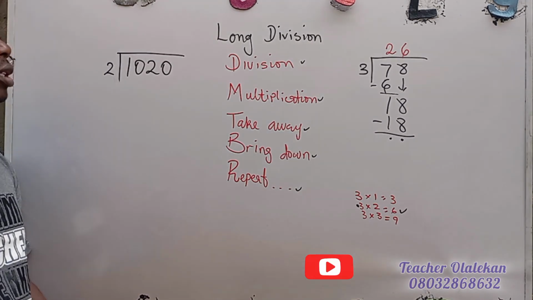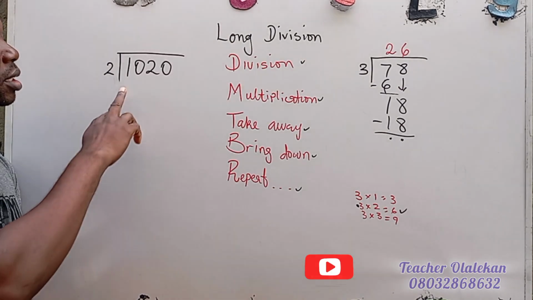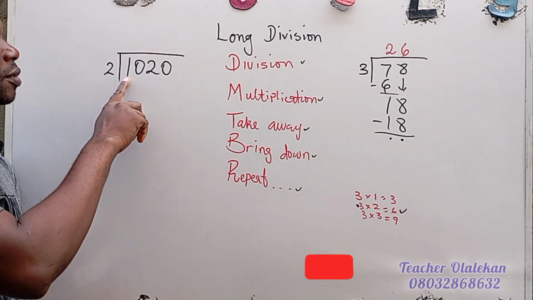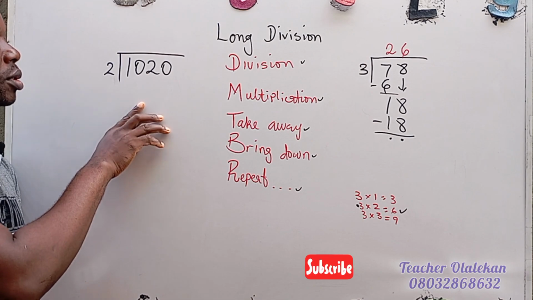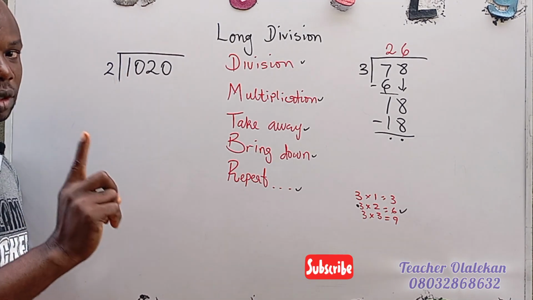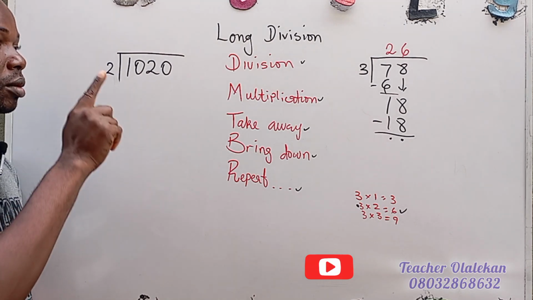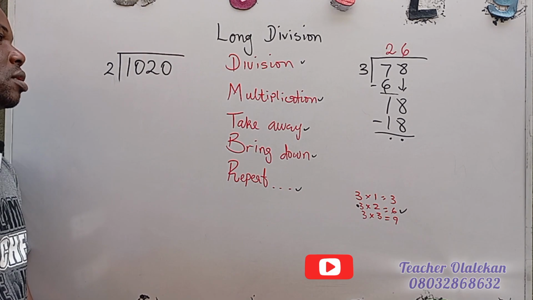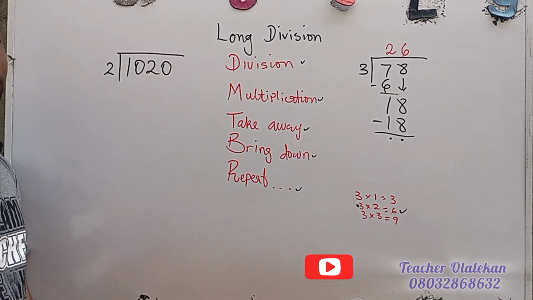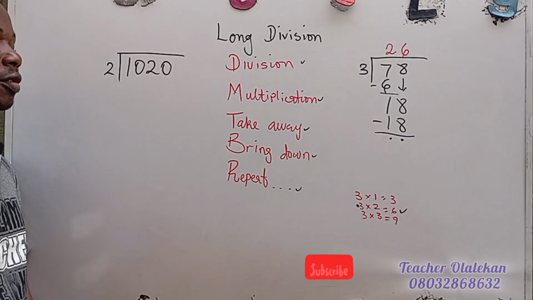For 1020, you make sure that every digit is divided, and after you've taken the first set of figures, you are not allowed to take more than 1, except you record 0 for it. You have to record 0 for 1 before you can bring down 2 together.